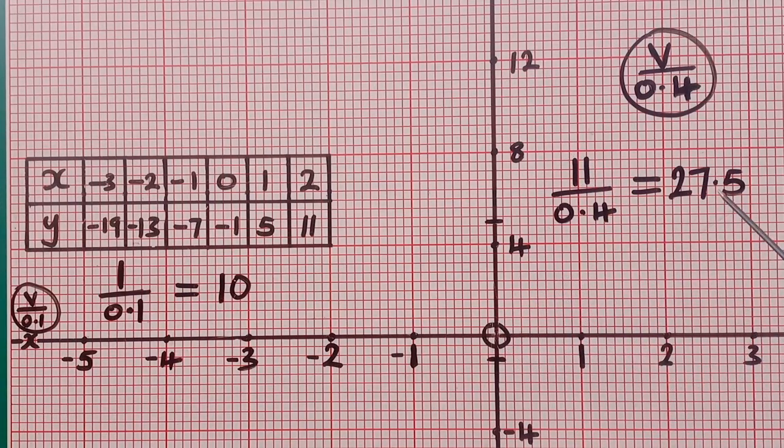Whatever the number of boxes ends corresponding to the 27.5, we end, and that is the location of this 11. Let's do the counting. From here to here, 10. Then from here to here also, 10. That's 20 now. 21, 22, 23, 24, 25, 26, 27. Then next is 0.5. That is the next box divided into 2.